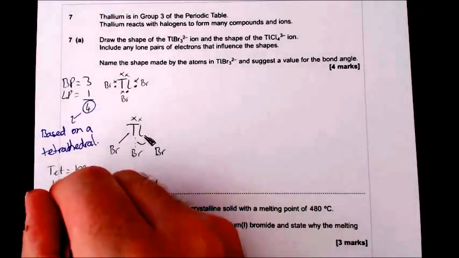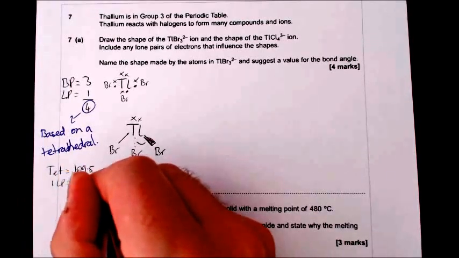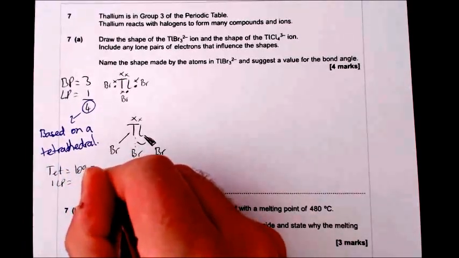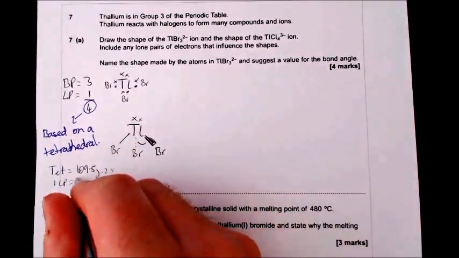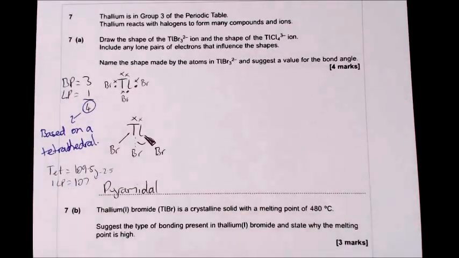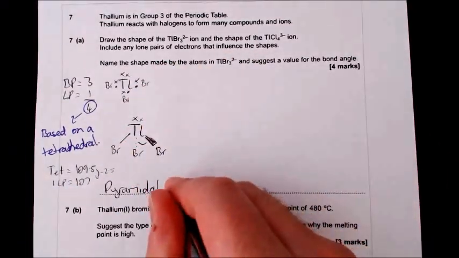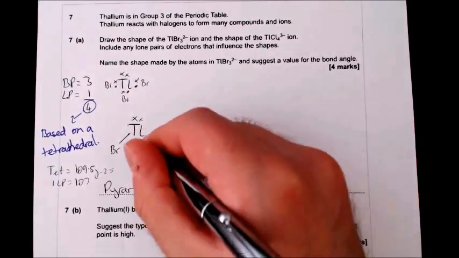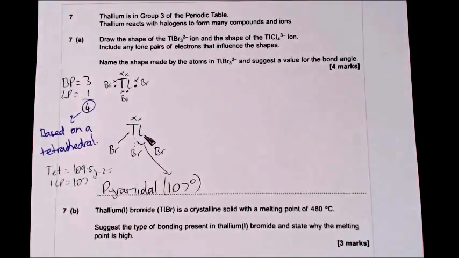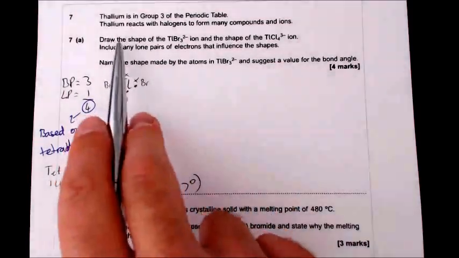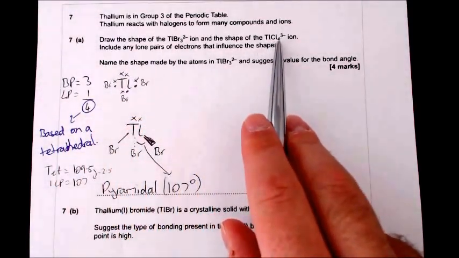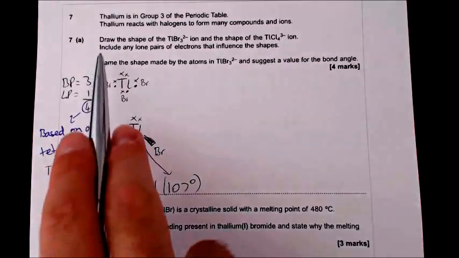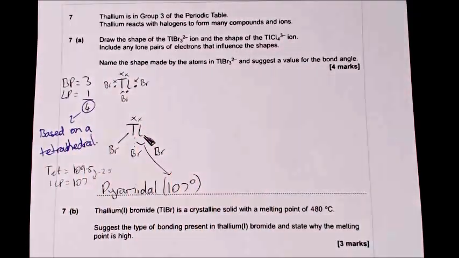So with 1 lone pair, the bond angle reduces by 2.5 degrees, down to 107 degrees. So actually the bond angle here is 107 degrees, and that fits in there. Okay, so there's that first bit. It then also asks us to draw the shape of the TlCl4 3- ion, including any lone pairs of electrons that influence its shape.